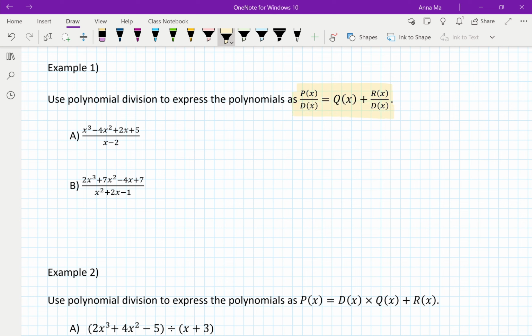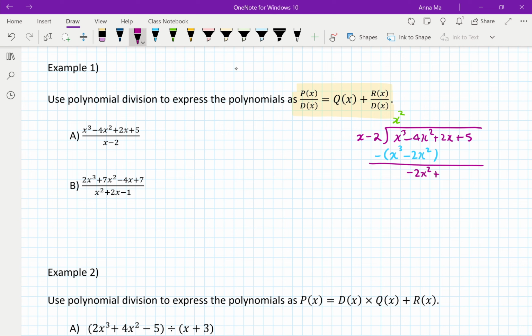Well, we're going to have to try the long division first, so let's do it on the side here. X cubed minus 4x squared plus 2x plus 5 divided by x minus 2. Match the terms. X squared, that's going to give me x cubed, which matches, minus 2x squared. Subtract it, you will get negative 2x squared with remaining terms.